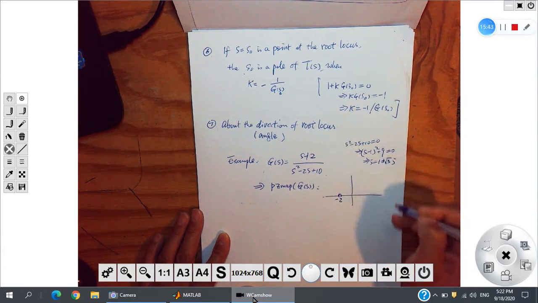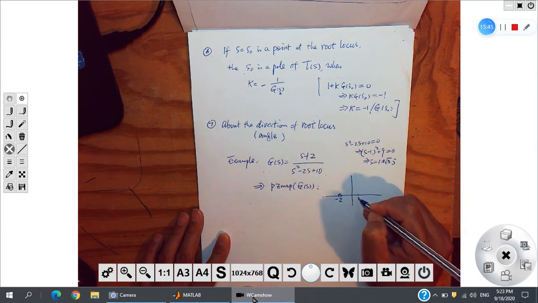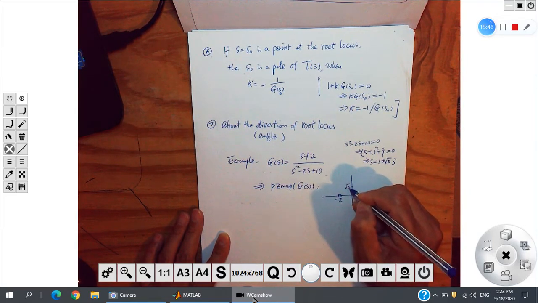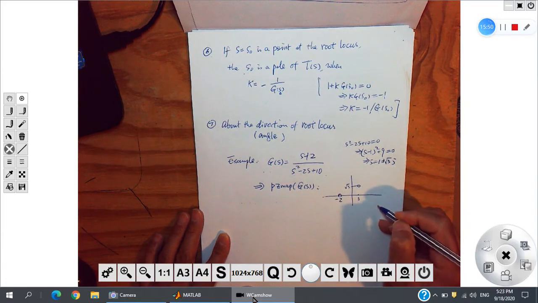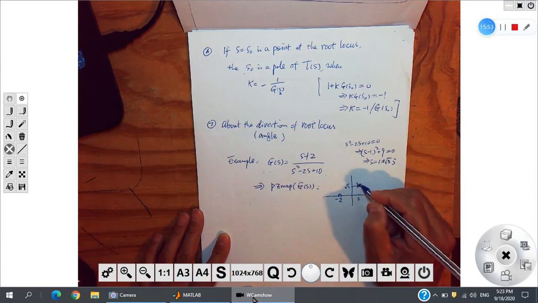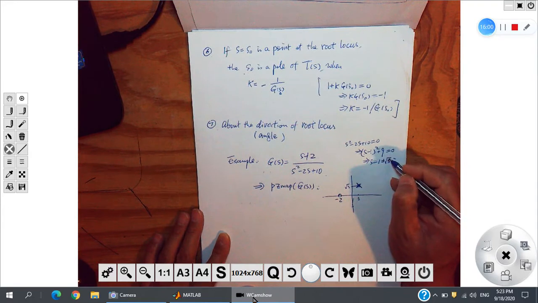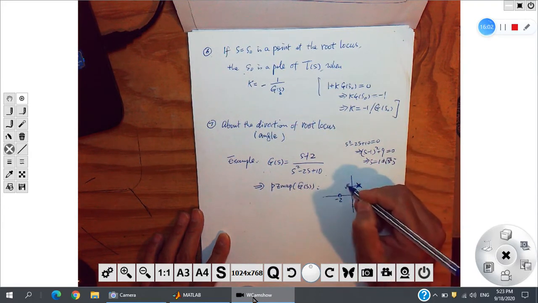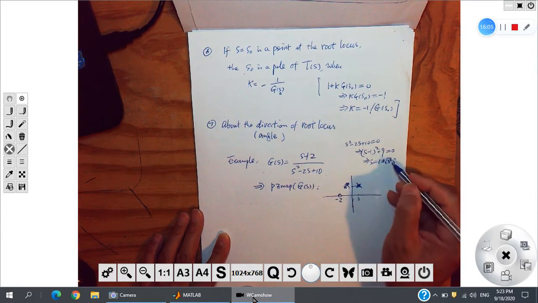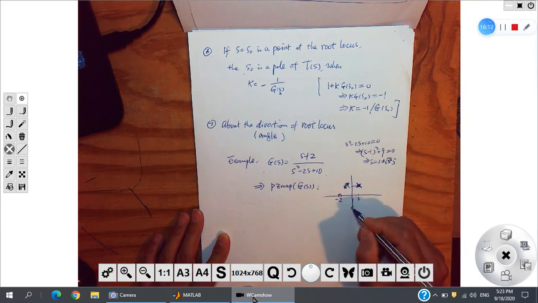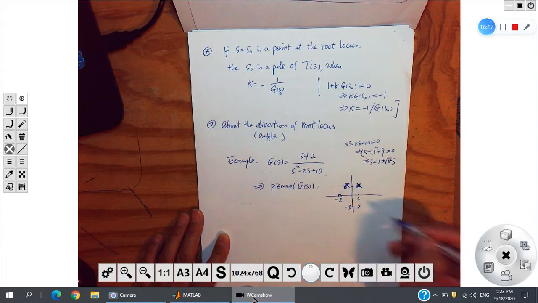So this is 1, and this is 3 here, and negative 3 here. We have the PZ map looks like this.